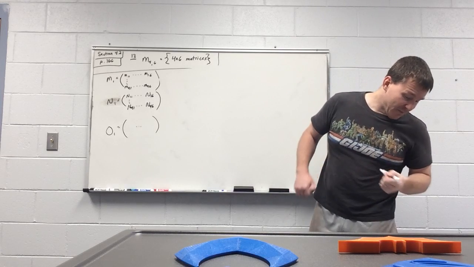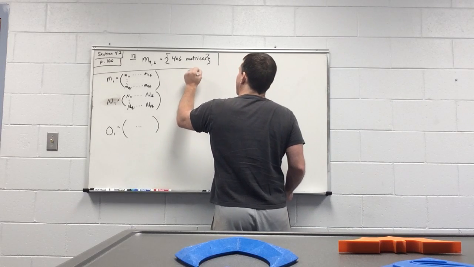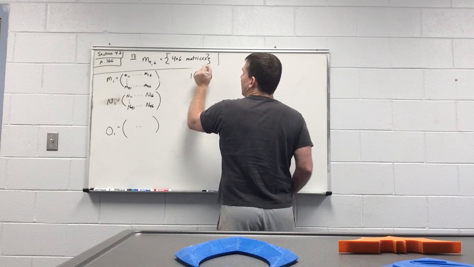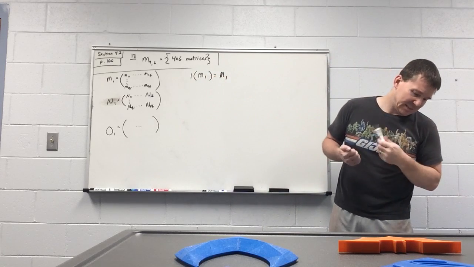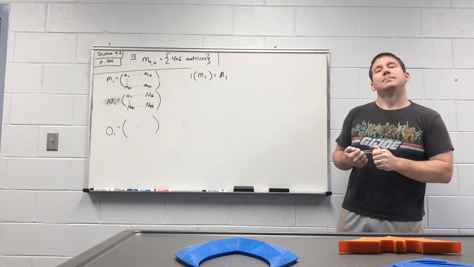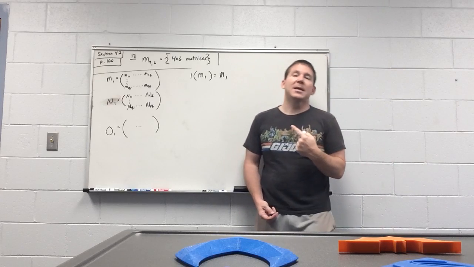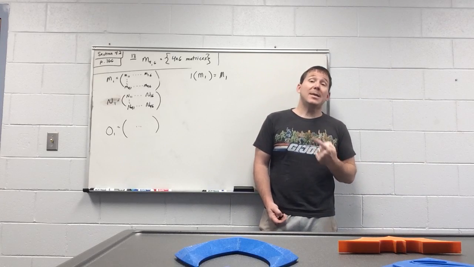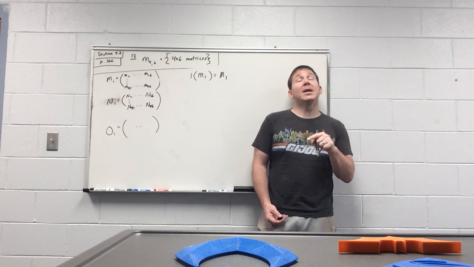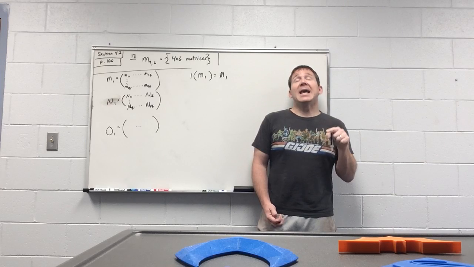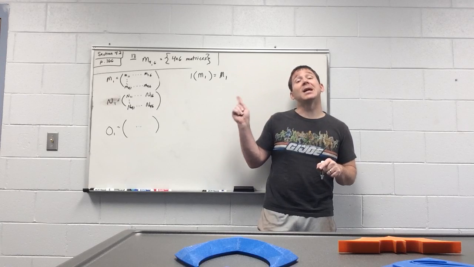And then lastly, you have a scalar identity. One times m1 is equal to m1. But sure, in this case, I would actually point out here, when we think identity and we're talking about matrices, the assumption is that we are talking about the identity matrix, which only works for square matrices, which these aren't.